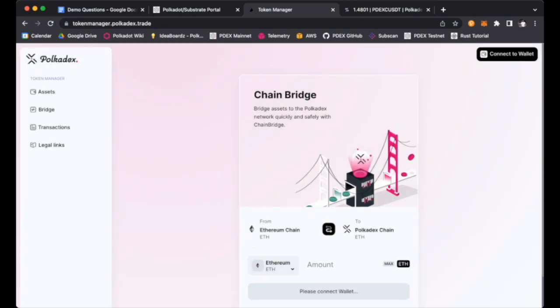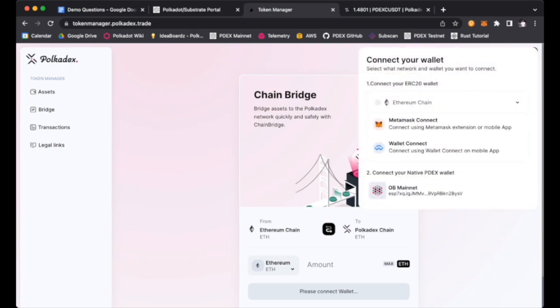Just close that pop-up, and the first step that you need to do to bridge tokens is to connect your MetaMask wallet, which is your Ethereum wallet, and your Polkadex wallet, the Polkadot wallet, to the interface and to the bridge, and click on transfer tokens. That's it. So the first step is connect to wallet.